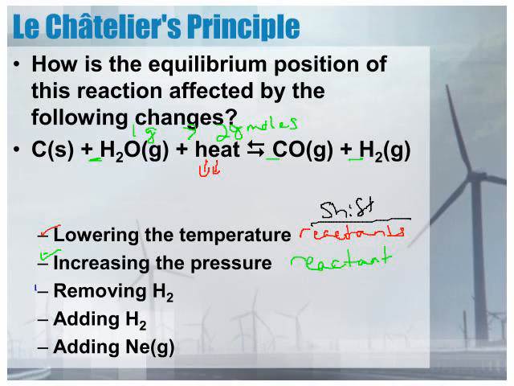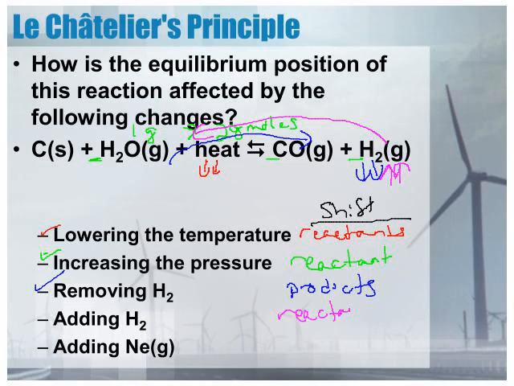If we remove hydrogen, so we're taking away from our hydrogen, the system is going to shift in order to replace the hydrogen. So it's going to go to the product side. Quite the opposite, looking for a color I have not used. If we add hydrogen into the system, it has to relieve that addition, and it's going to go to the reactant side, in order to maintain the equilibrium constant, and we're going to talk about the constant in just 1 second.